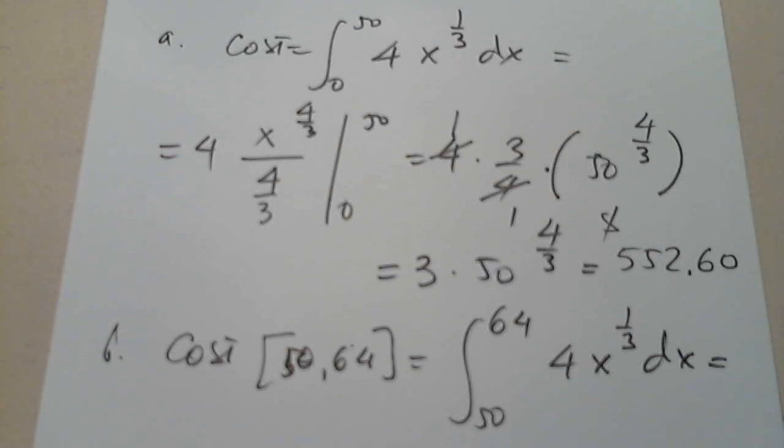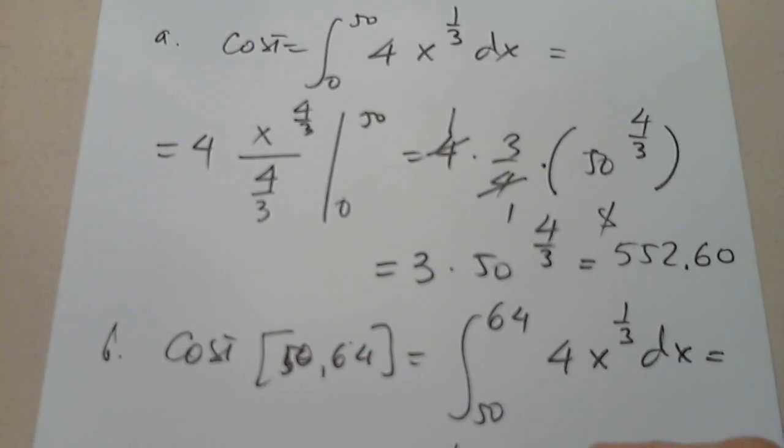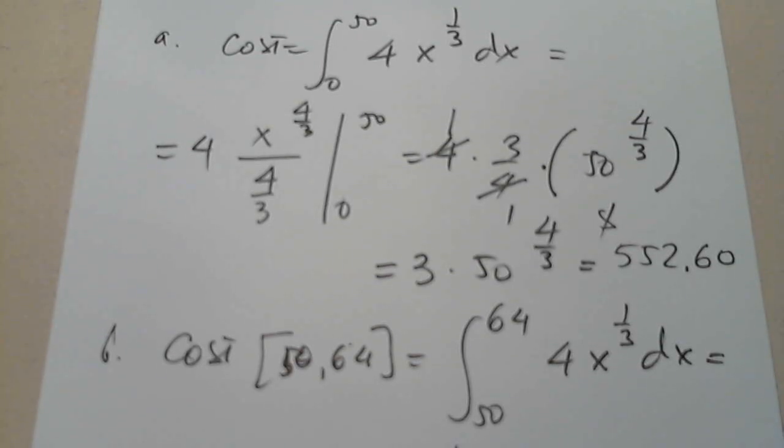The extra 14. Okay, so what I have to do is just copy the previous entry and replace the upper limit with 64 and replace the lower limit with 50. So the cost for the extra will be 215.40. That's for the extra 14, meaning from 50 to 64.